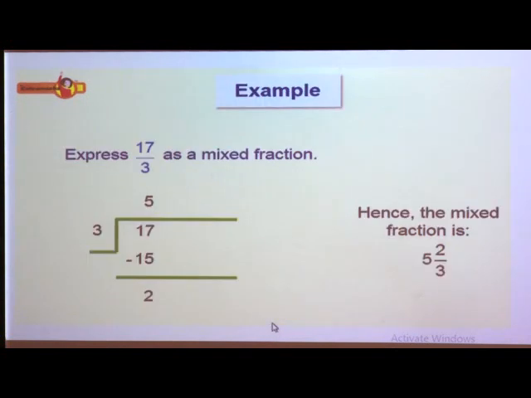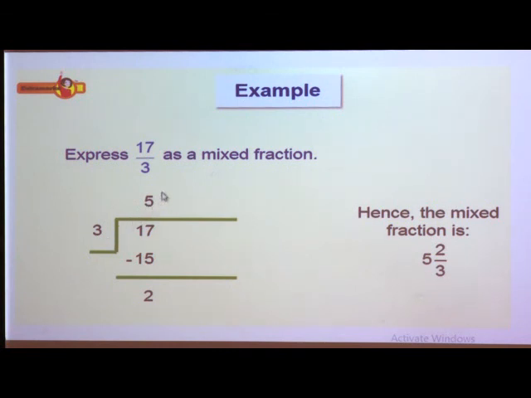Let us see this example. Express 17 by 3 as a mixed fraction. Now 17 by 3: the denominator is the smaller number, and 17 is the bigger number in the numerator place. So this type of fraction is an improper fraction, and it should be converted into a mixed fraction. 17 divided by 3: 3 5s are 15, 17 minus 15 is 2.